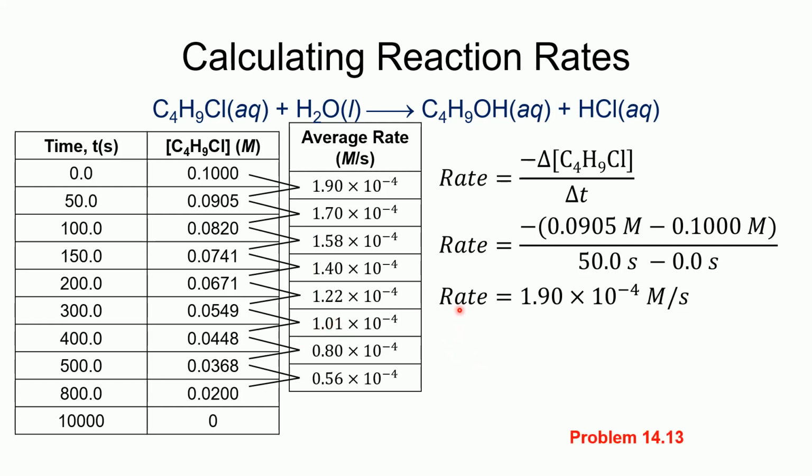I do want to point out that the rate of reaction does decrease as time goes on. And we're going to see that happens in just about every single reaction that we look at. So we're going to go over to the in-class assignment and do number 13.